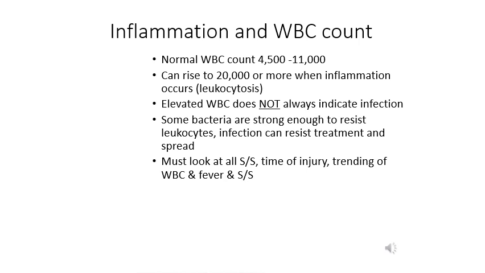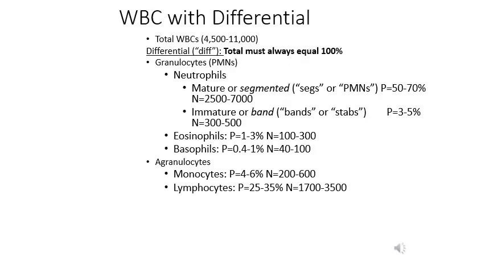They would have what's called neutropenia or decreased neutrophils, and may need to be on neutropenic precautions or protective isolation, for example. In your study guide, I have created a table specifying the white blood cell with differential that is more detailed and probably more helpful to follow along than the next couple slides. So I'll refer you to that.